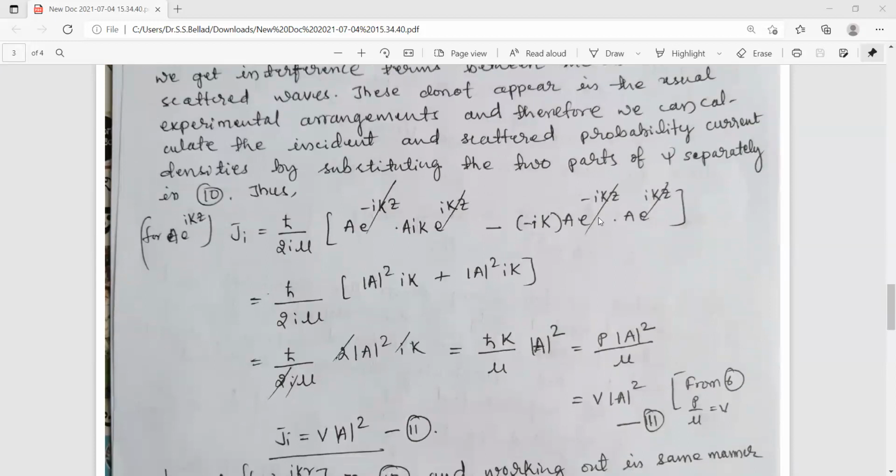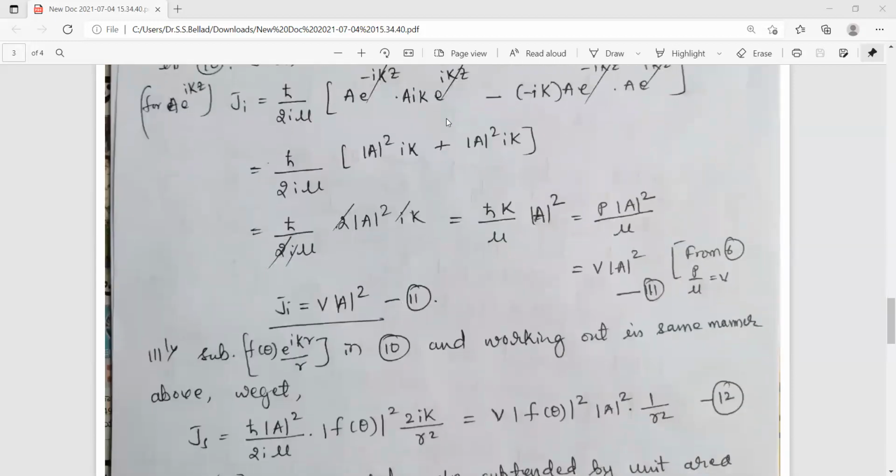This is cancelled with this, and this is cancelled with this, and A into A is written as mod A square, because this A is a positive quantity. So it is written as mod A square multiplied by this ik, and here minus into minus is plus, A into A is A square and ik.